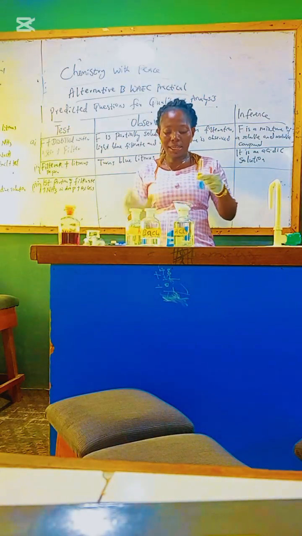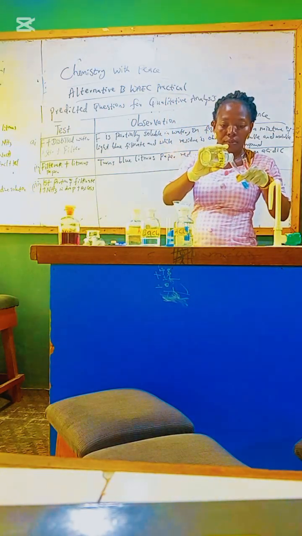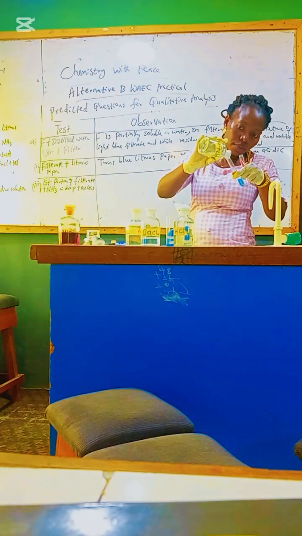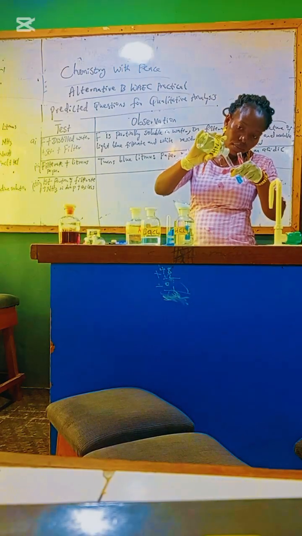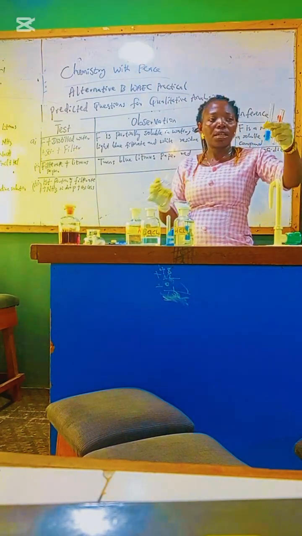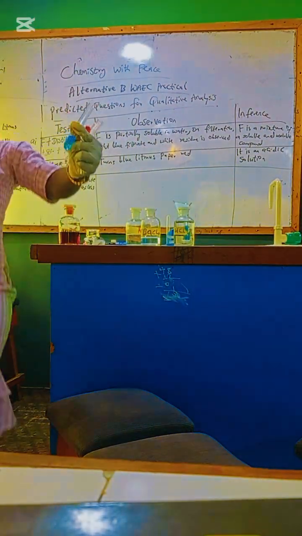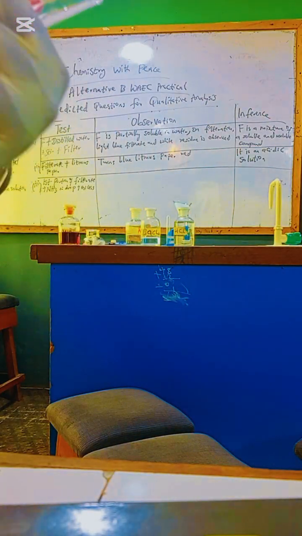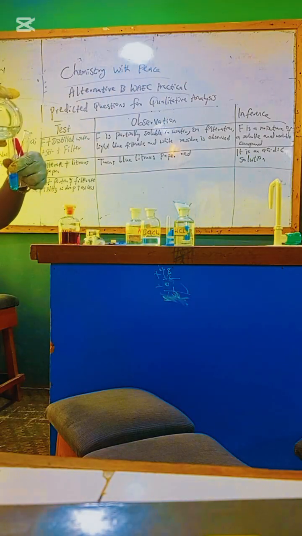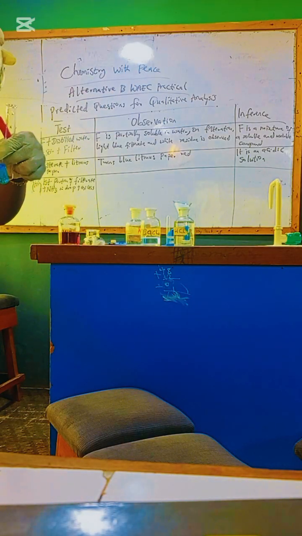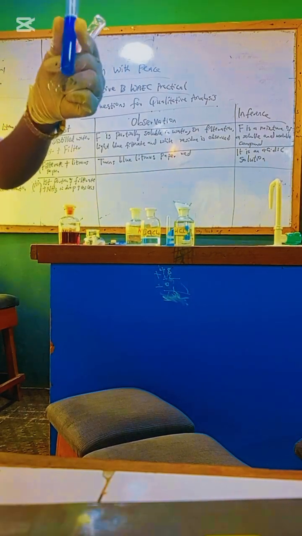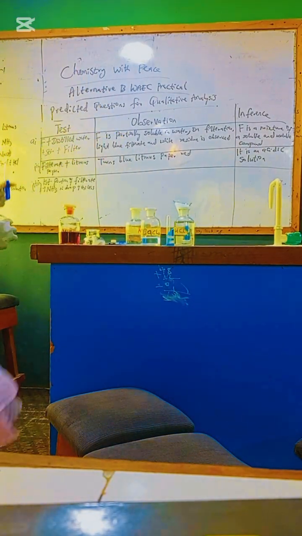In drop, look at it, light blue gelatinous precipitate. Then let's add excess ammonia solution to it. Soluble in excess ammonia to give this deep blue solution.